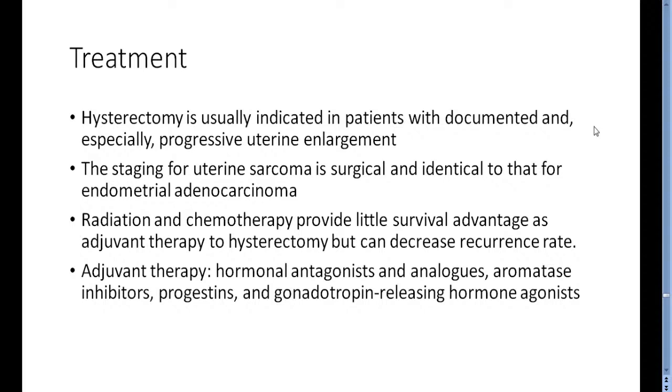The staging for uterine sarcoma is surgical and identical to the endometrial adenocarcinoma. Radiation and chemotherapy provide little survival advantage as adjuvant therapy after hysterectomy. Adjuvant therapy, usually hormonal antagonists and analogs, aromatase inhibitors, progestins, gonadotropin-releasing hormone agonists.